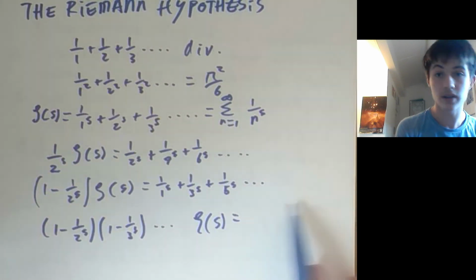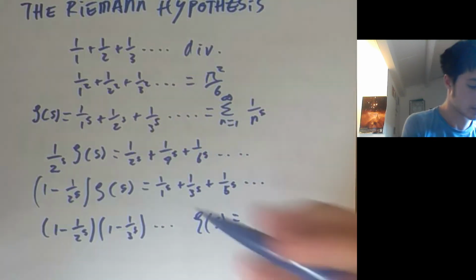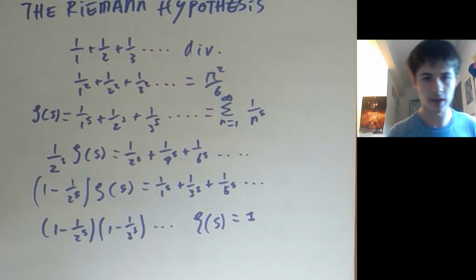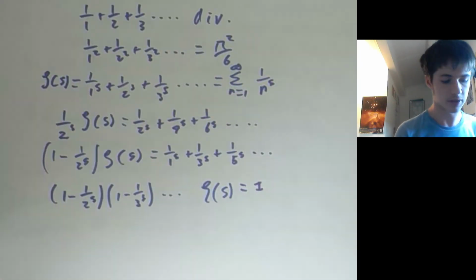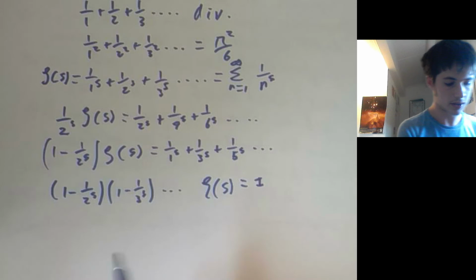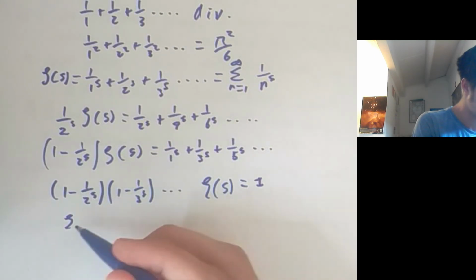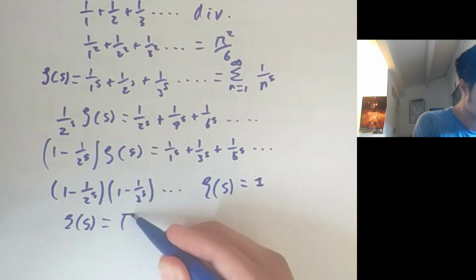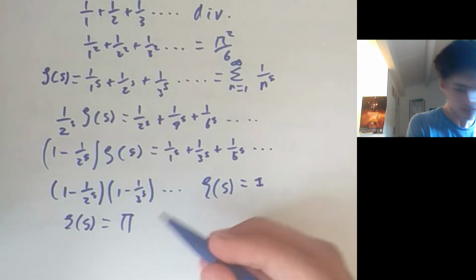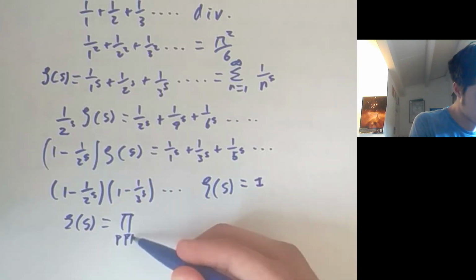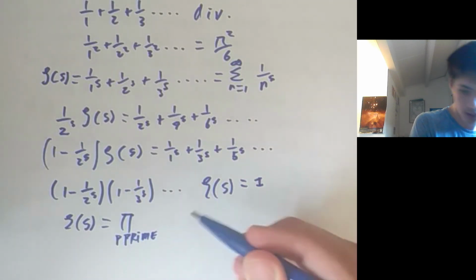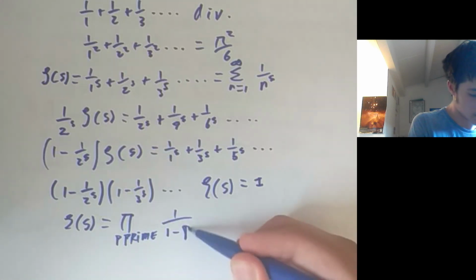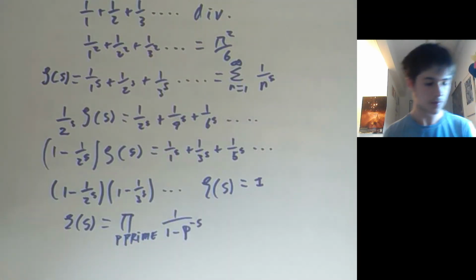Here we can kill off all of these terms, and we're left with only 1 over 1 to the s, which equals 1. And then by dividing all of these things to the other side, we see that zeta of s equals the product over all primes p of 1 over 1 minus p to the negative s.